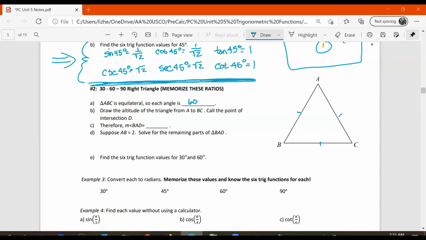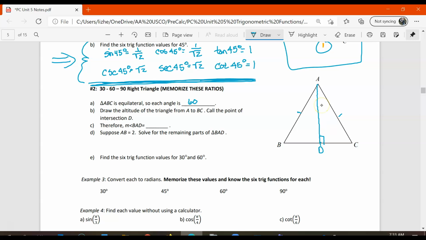Draw the altitude of the triangle from A to BC. So remember, an altitude comes from a vertex. It goes to the opposite side at 90 degrees. Call the point of intersection D. Therefore, the measure of angle BAD, well, if the whole angle was 60 and it's an equilateral triangle, therefore this altitude that we just drew is also the angle bisector, the perpendicular bisector.